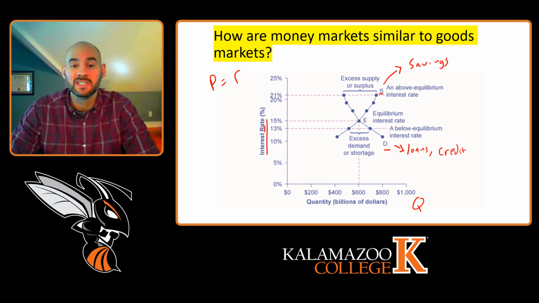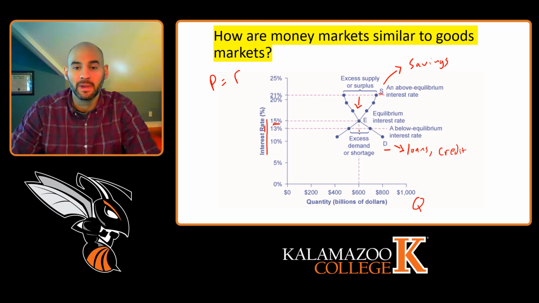Since there's not enough households or companies or individuals requesting credit at that rate, that would put downward pressure on interest rates, and they would reach a point low enough where we have our equilibrium interest rate, which would set the quantity of financial capital demanded and quantity of financial capital supplied equal. Same thing would happen when we have a shortage of credit, which would place upward pressure on interest rates such that the quantity demanded would decrease in response to those higher interest rates.